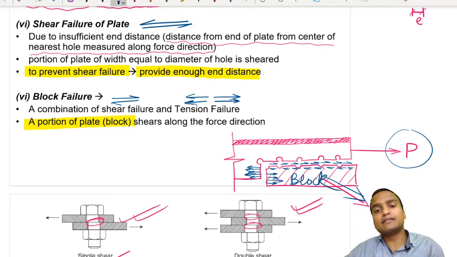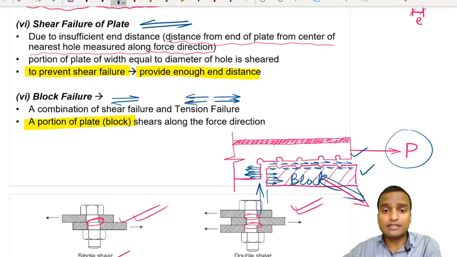Now why did this block get separated from the joint? Because of two types of forces that are developing on the edges of this block. If you look at this horizontal edge of the block as well as the member, there are shear forces developing on the edges. Whereas if you look at these vertical edges of the member as well as the block, there is development of tensile stresses.